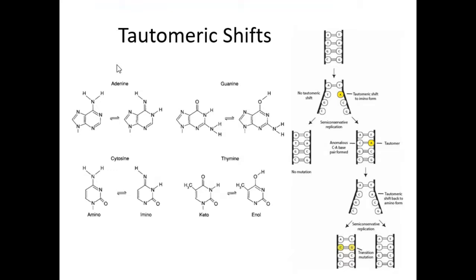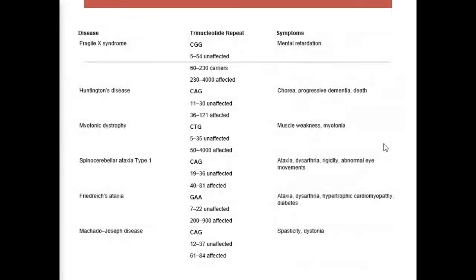Also, some other kind of mutation is the chemical stability. So this is just the repeat of a sequence, CGG.